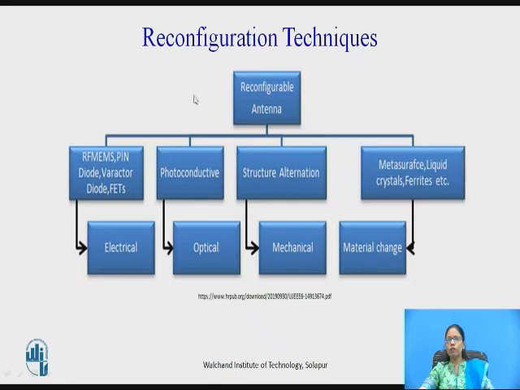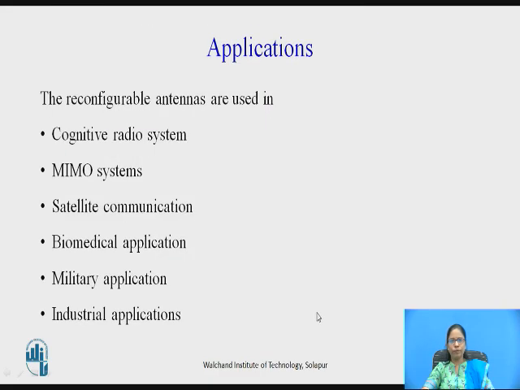So there are different possibilities by which we can have reconfigurable antennas, either by using electrical methods such as RF MEMS, PIN diodes, varactor diodes, or optical methods where we can use photoconductive materials, or mechanical methods where we can alter the structure, or different materials like metasurface, liquid crystals, or ferrites for achieving the reconfigurable antenna.